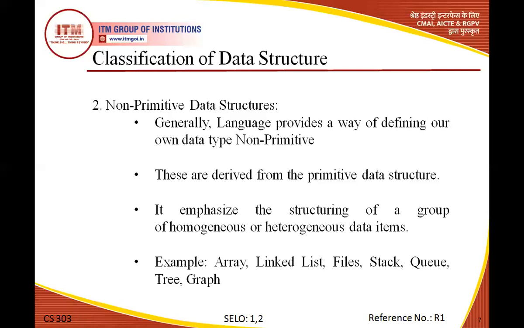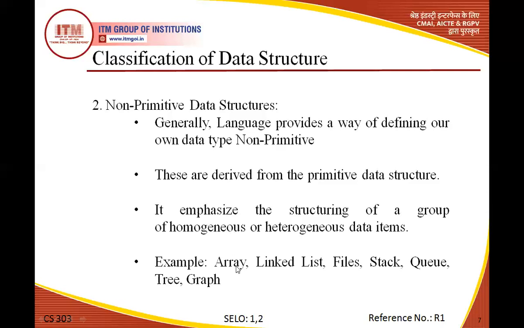So it's a collection of homogeneous or heterogeneous data. Homogeneous means it can store the same type of data, and heterogeneous means it can store different types of data. Both types of data can be stored in non-primitive data structures.